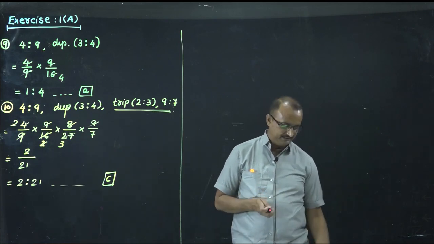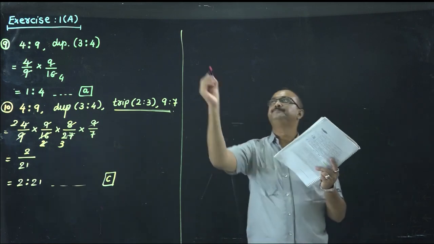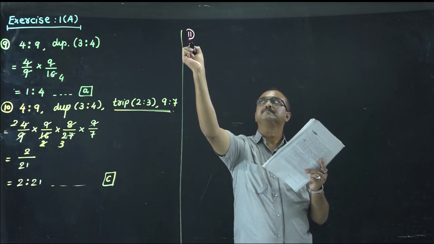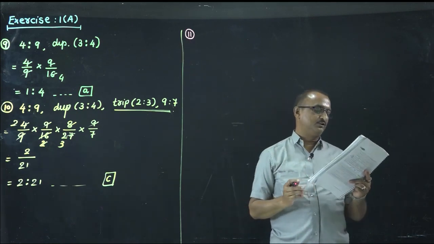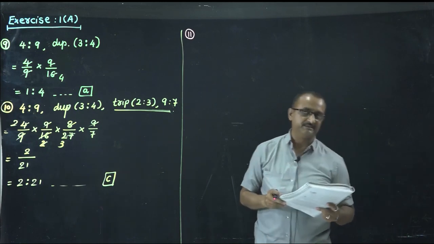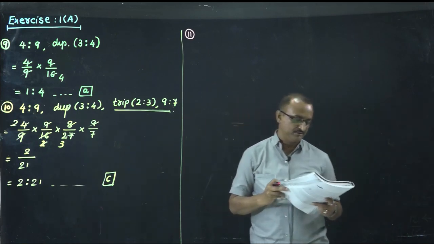Question number 11 is given by the ratio compounded. Again we have to multiply the given ratios.